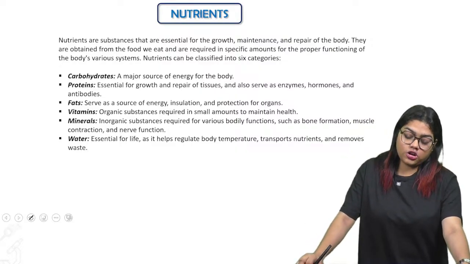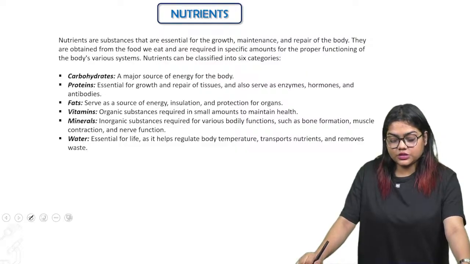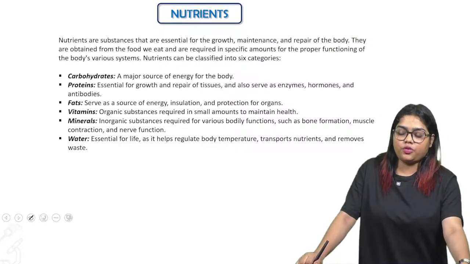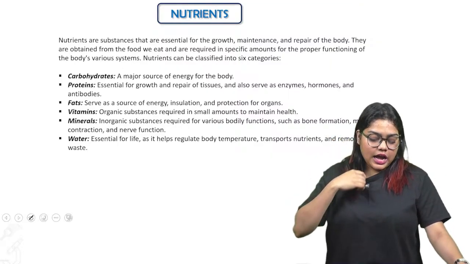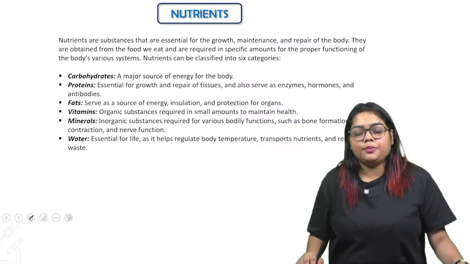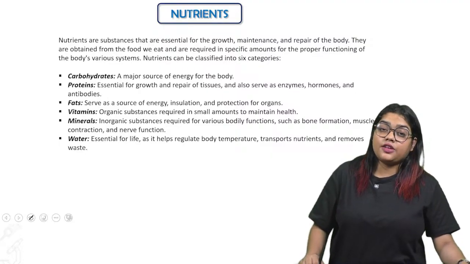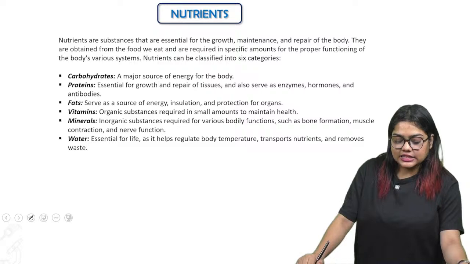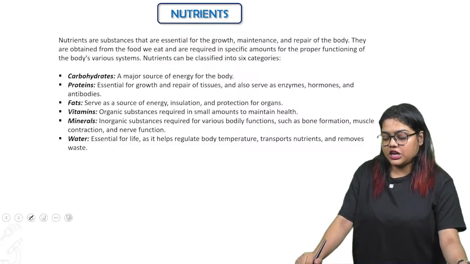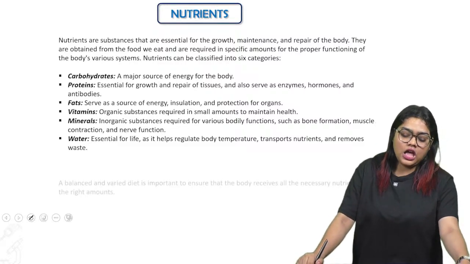Minerals are inorganic substances required for various body functions such as bone formation, muscle contraction and nerve function. And water is essential for life, because 70% of the human body weight is water, and it helps to regulate body temperature, transport nutrients and remove waste.